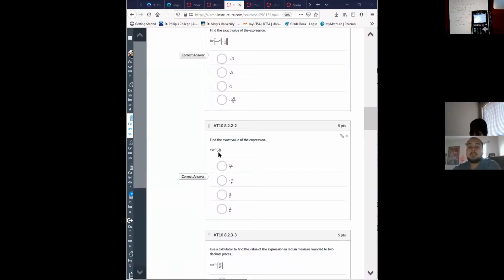Looks like, yeah, -pi/6. In other words, -30 degrees. So technically, you could have used your calculator here because it's a known angle. If it was not on the circle, then you couldn't, right?